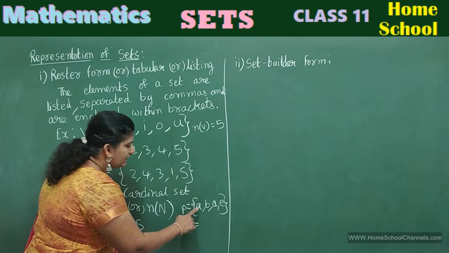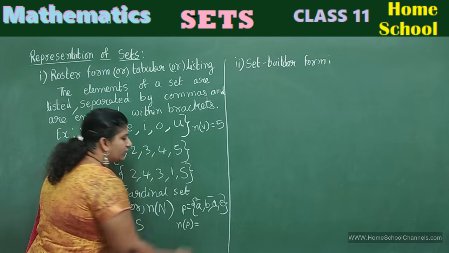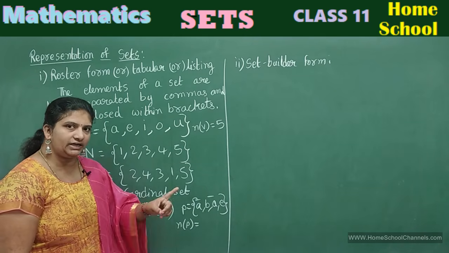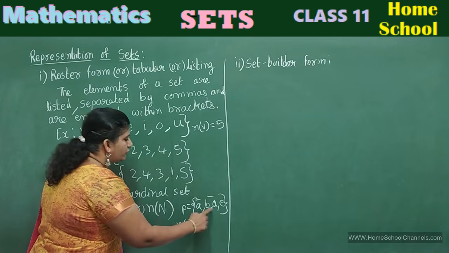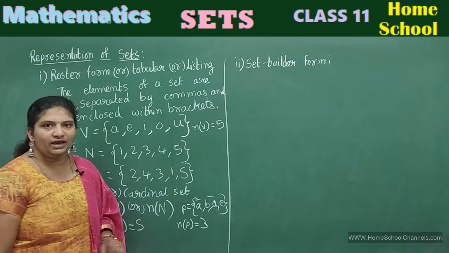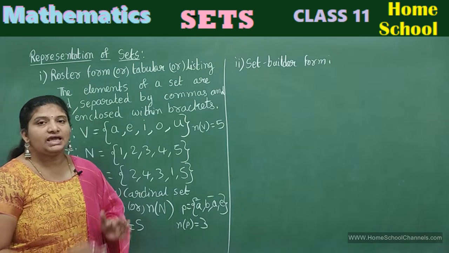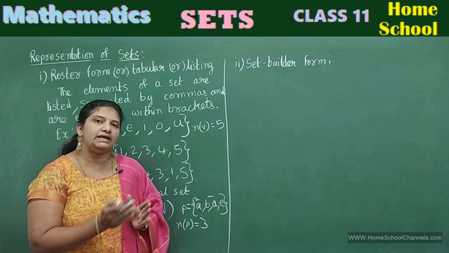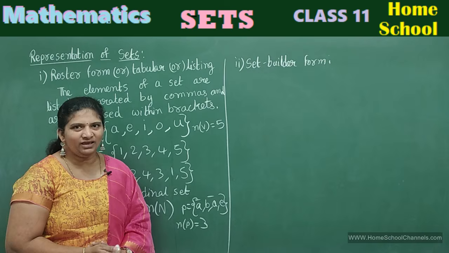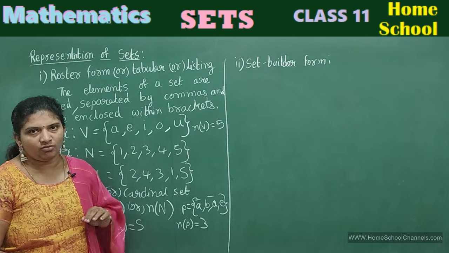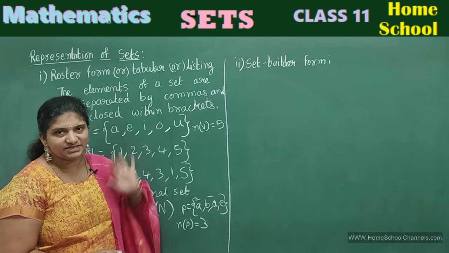Why? See here, the letter A is repeated 2 times. If it is repeated, you may consider it as only one letter. 1, 2, 3. Right? n of P is equal to 3. If any elements are repeated in the set, write only one time. Okay? This is all about roster form or tabular form or listing form.